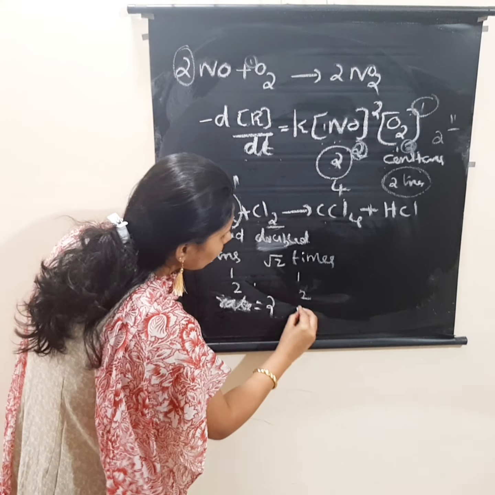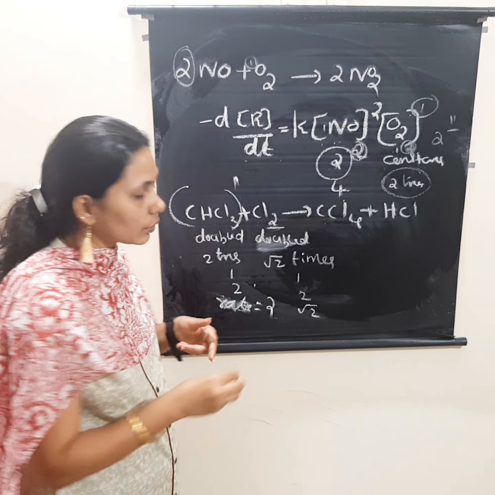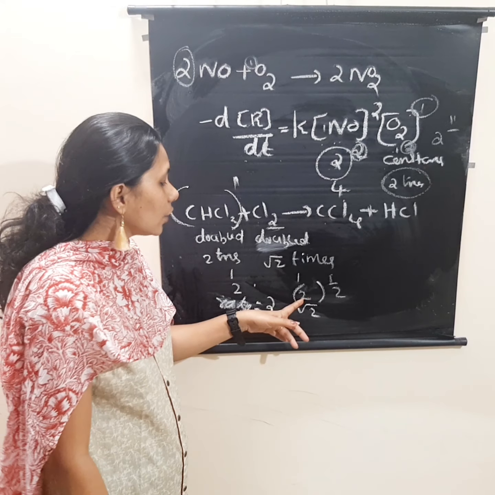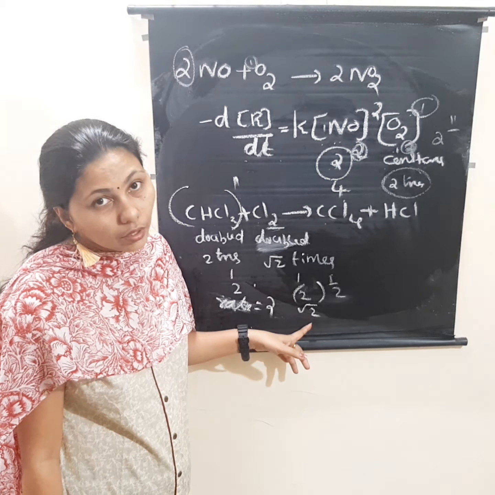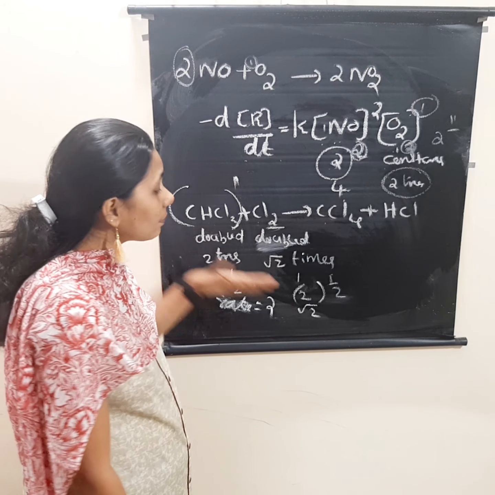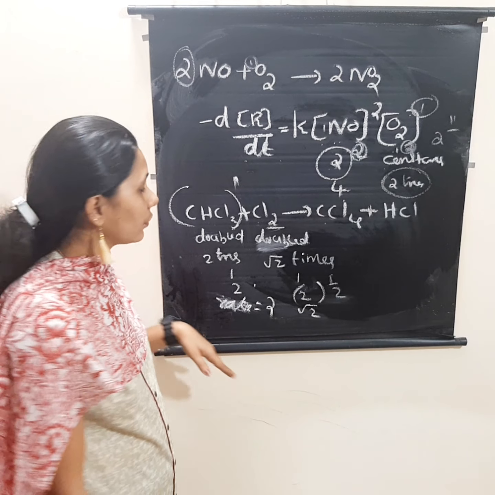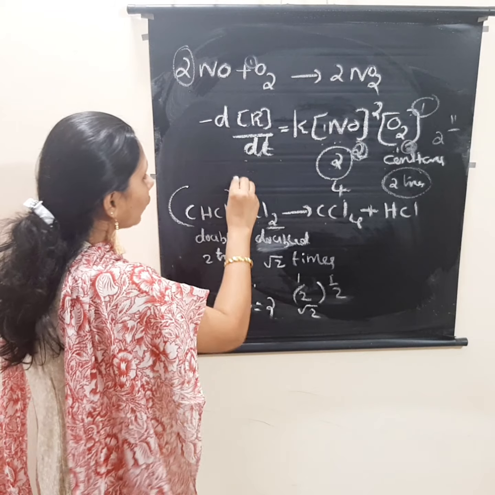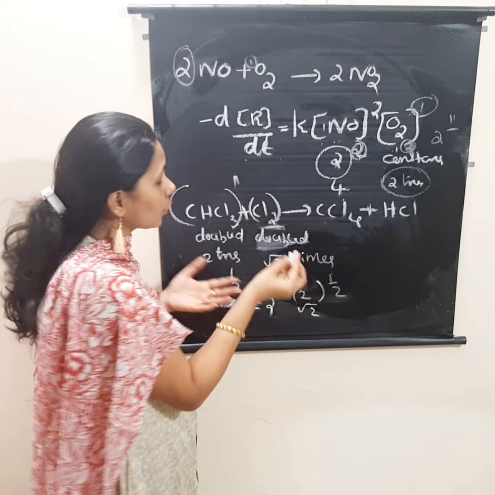Then the rate increased by root 2 times, so the exponent will be 1 by 2, because 2 raised to 1 by 2 gives root 2. Clear? So from this experiment, it is clear that the exponent of chloroform CHCl3 is 1.